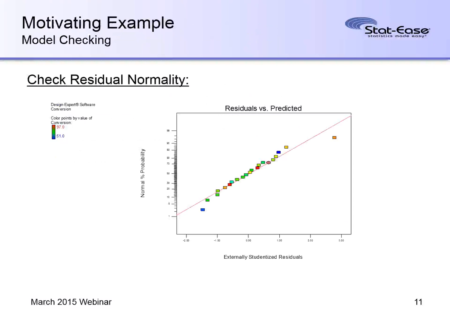And this plot tests to see if my residuals are approximately normally distributed. What I want to see is most of the points falling along this line. There may be an exception or two, which is fine, but if I took a very fat marker or pencil and placed it over this red line, I'd want to see almost all of the points covered up. In this case, we don't see any major issues.